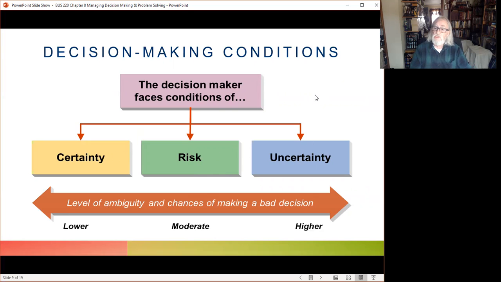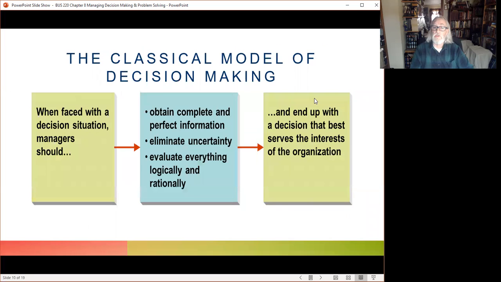Depending on the significance of the decision, how much might be on the line and how important it is, you would certainly want to at least be over here with risk, where you could analyze and have some idea of what the potential for things going wrong would be with any given choice.